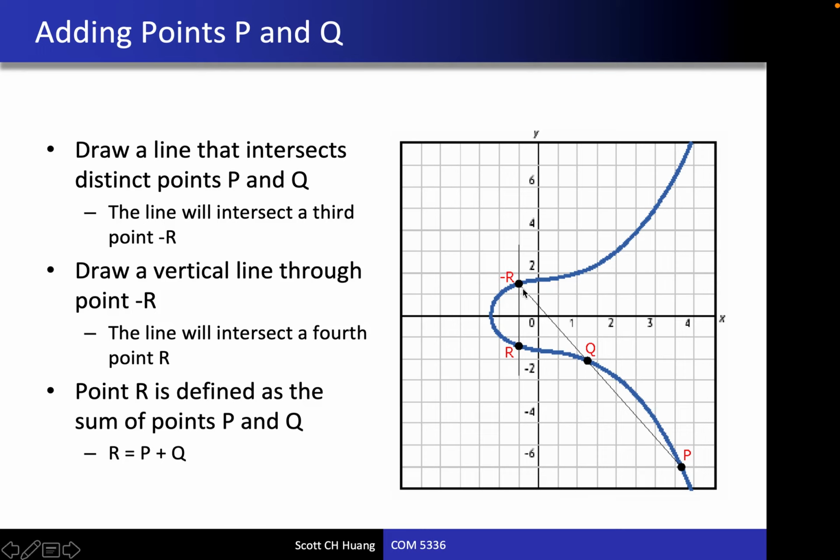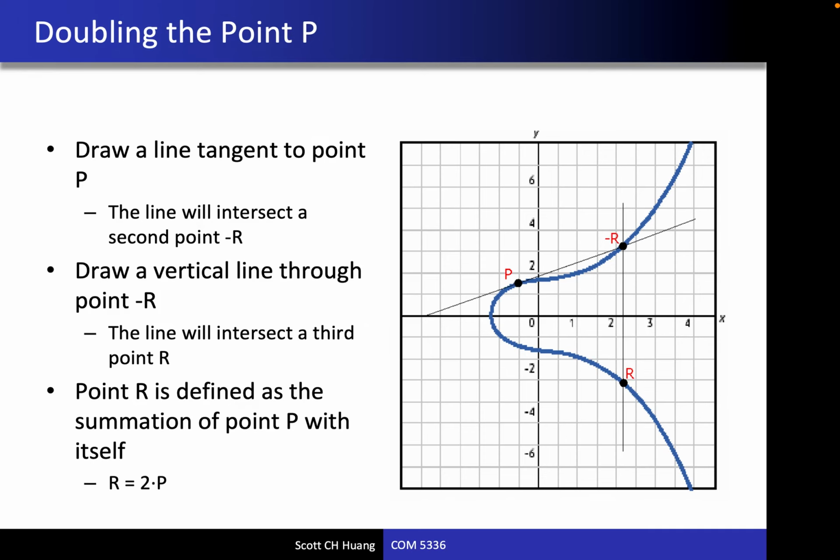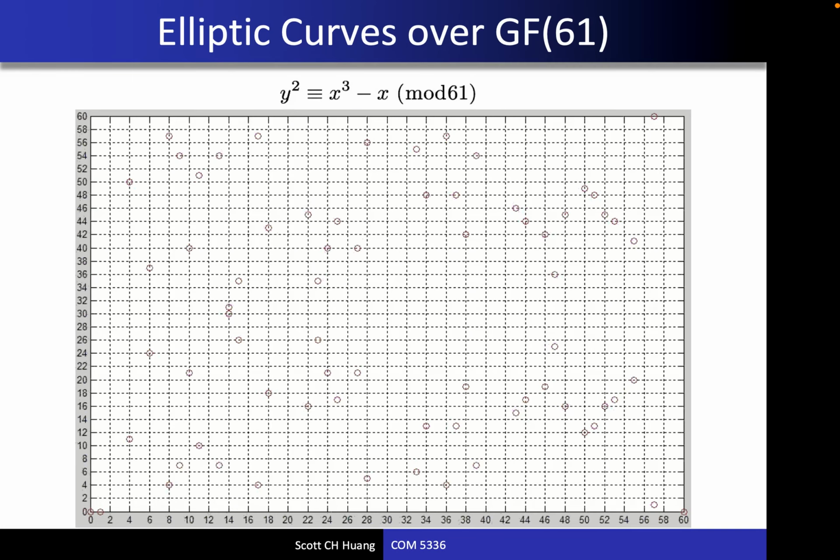Well, this can be dealt with when we talk about the formula of these elliptic curves. So this is okay. But we do have another problem. The bigger problem is point doubling. You've got to do a tangent line. Well, whoops, the concept of a tangent line disappears. You only have these individual points.